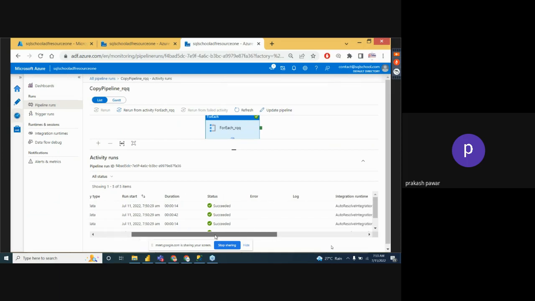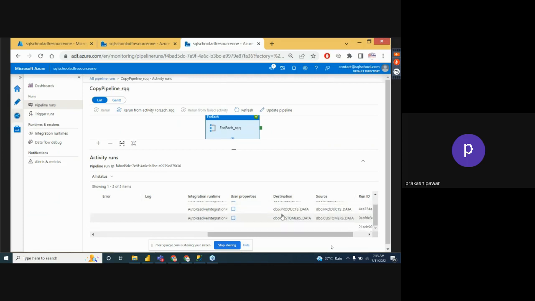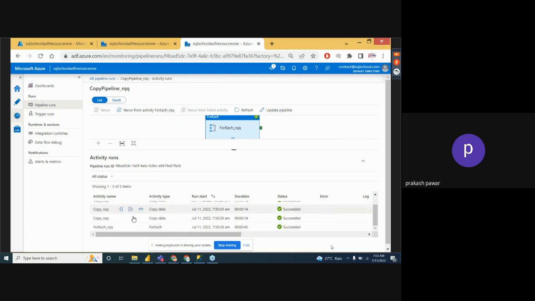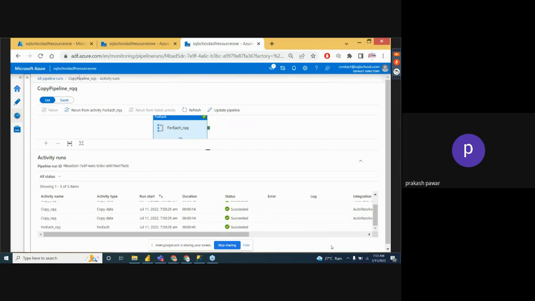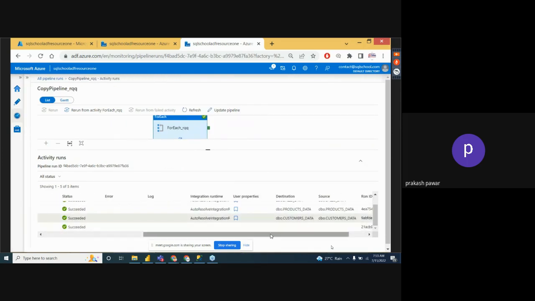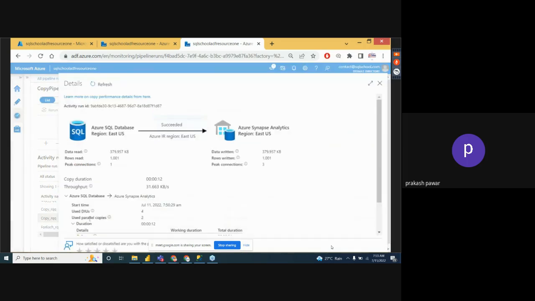Here you will see time, sale, product, and 4 tables, all those 4 tables, source and destination. For a particular table, click on details. For example, here you see a customer data table. Go to customer data and click the spectacle symbol.